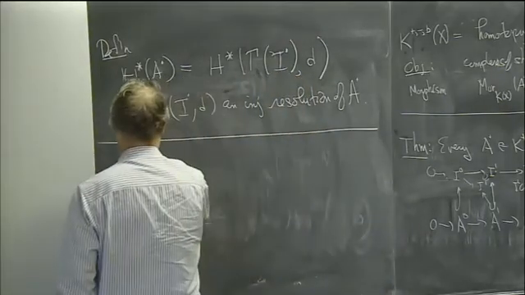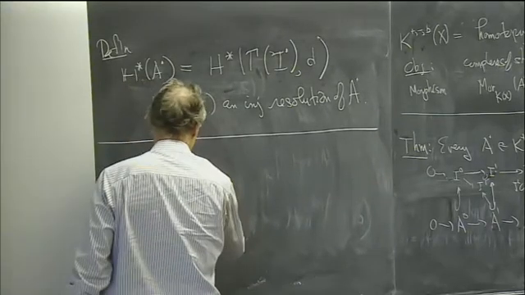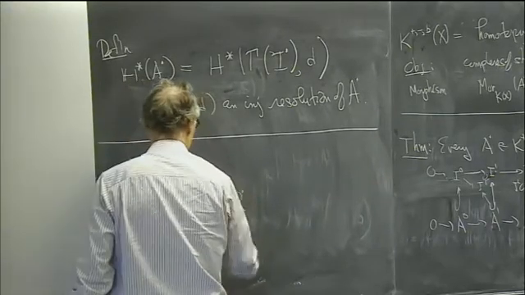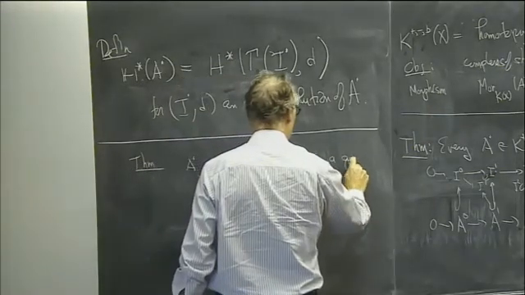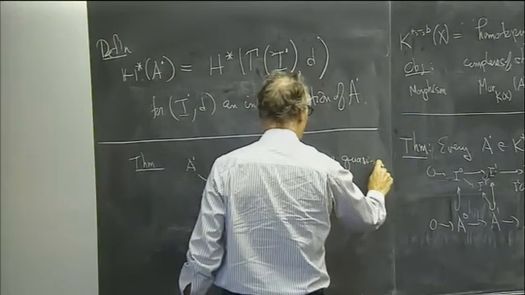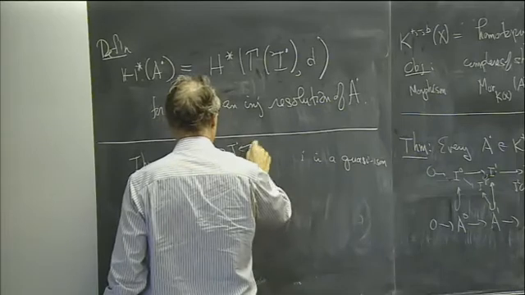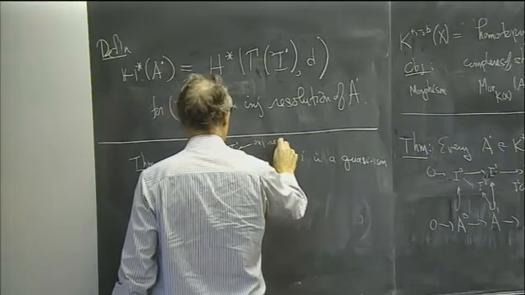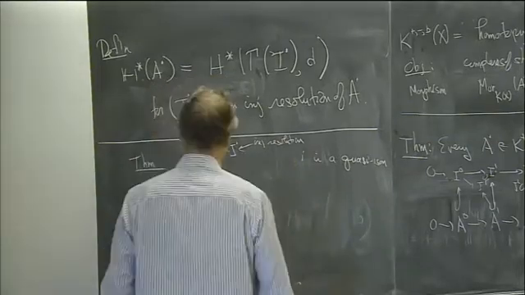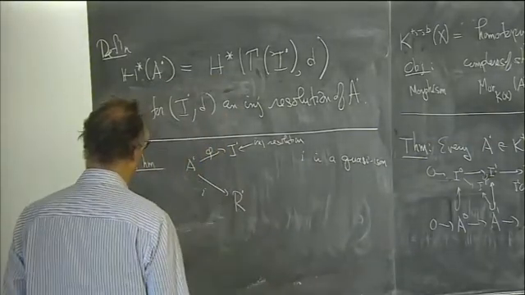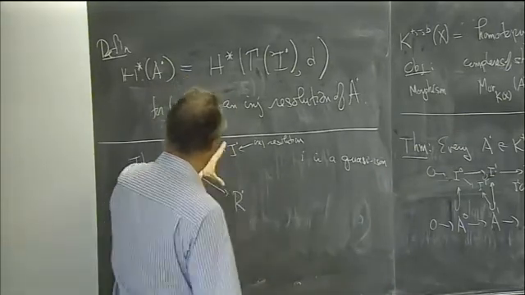We have a complex of sheaves. We have some resolution. So I is a resolution, that is a quasi isomorphism. And I is an injective resolution. And there's a morphism of complexes of sheaves, phi here. That's the injective resolution. So that's the hypothesis.